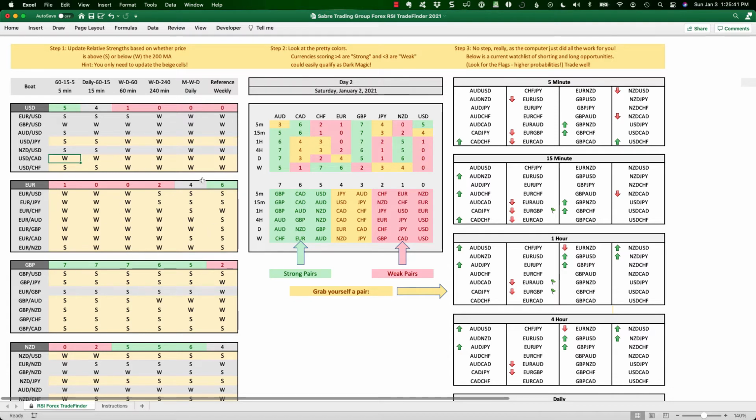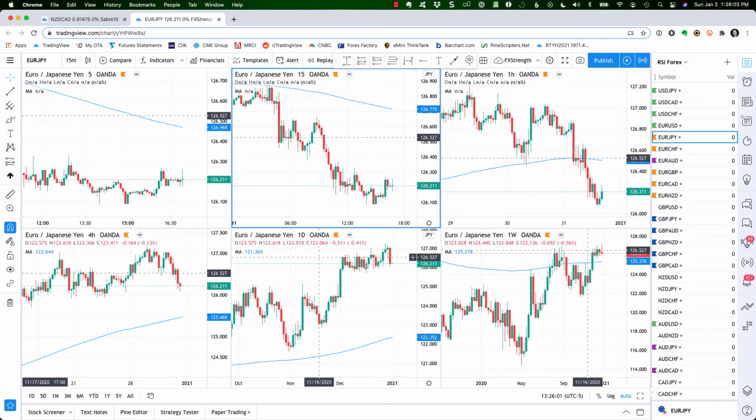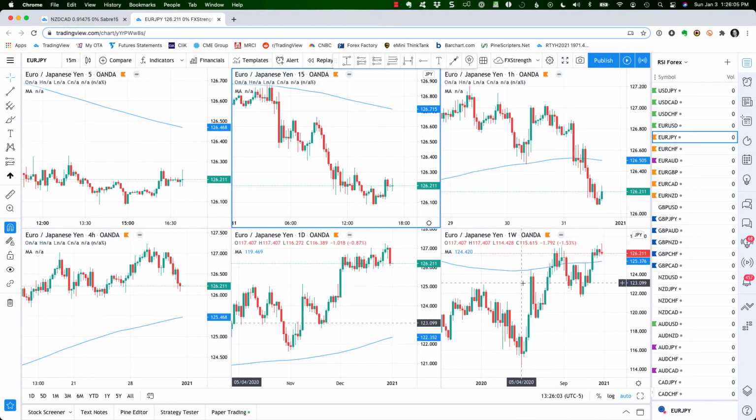So how do we populate this part of the spreadsheet? We populate this part of the spreadsheet by creating a workspace in TradingView, or whatever your platform of choice happens to be. And what you want to do is create 6 different chart screens, all with different time frames: the 5-minute, the 15-minute, the 1 hour, the 4 hour, the daily, and the weekly.